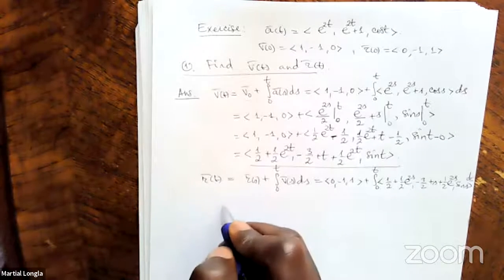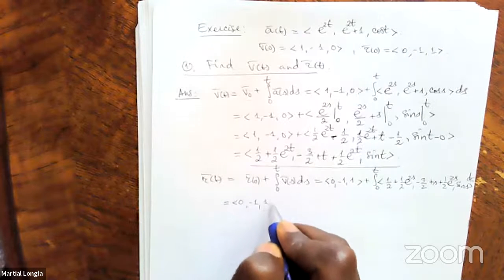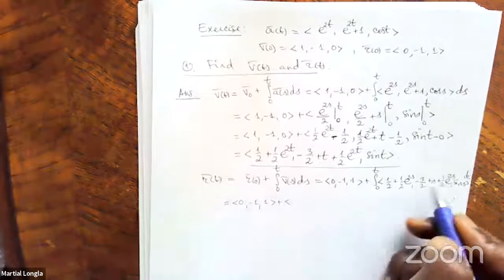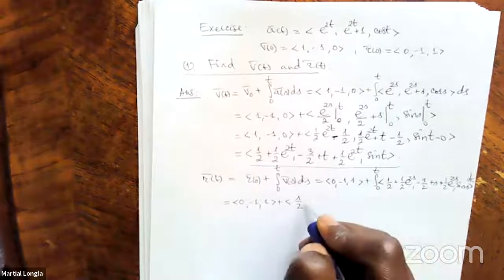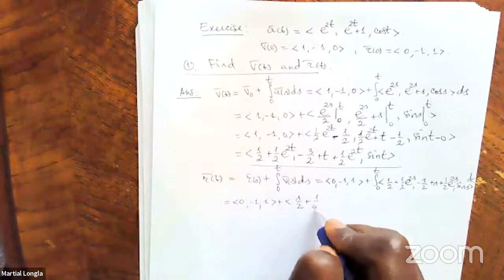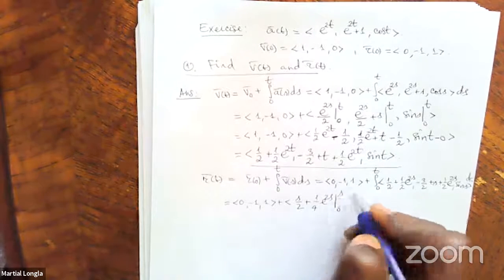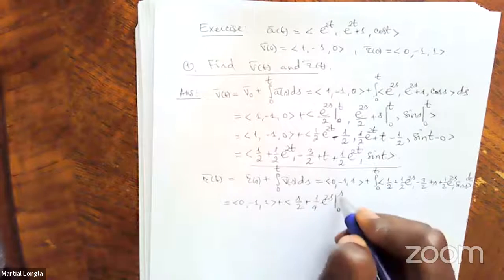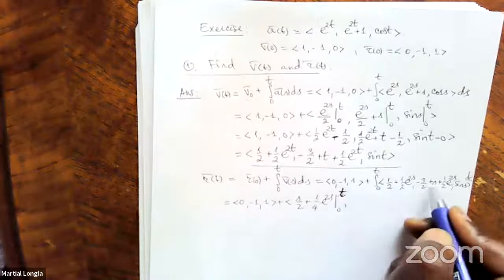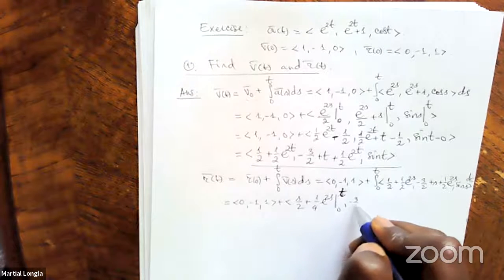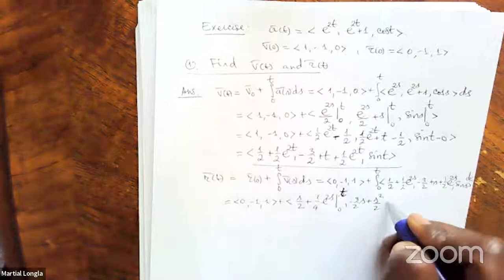And then you can do the integration. Integral of 1/2 is S over 2. This is 1/4 e to 2S from 0 to T. Then the second one, this is negative 3/2 S plus S squared over 2.